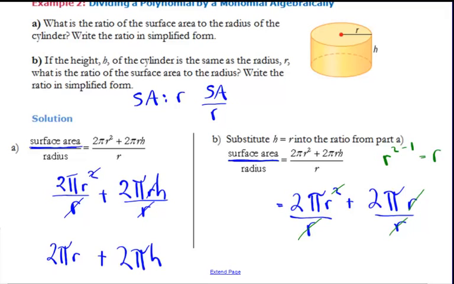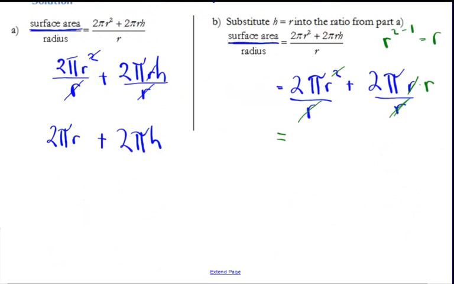And, oh, hang on a second, I forgot to put in 2 pi rh. Excuse me. So here I'm left with, when I have 2 pi rh, it's 2 pi r times r, so I can cancel out one of the r's. So I'm left on this side here with 2 pi r plus 2 pi r.